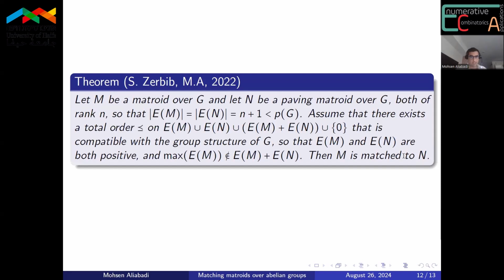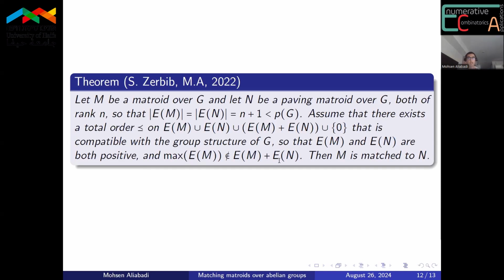We are assuming that M is a matroid, N is a paving matroid, and they have the same cardinality n plus 1, less than P of G, which was defined previously. And we are assuming that we can define a total ordering on this set compatible with the group structure, which I will specify. In this situation, with one minor extra condition, we can guarantee that M is matched to N.